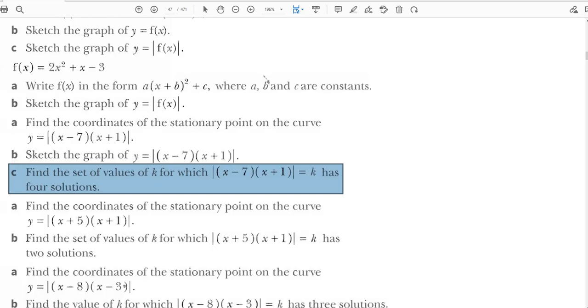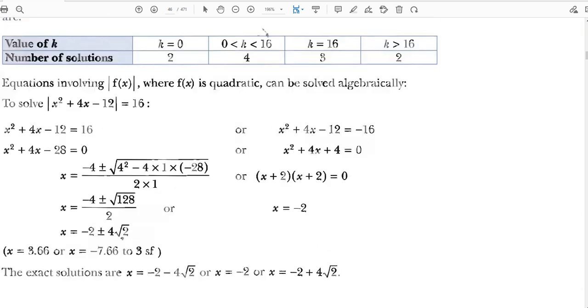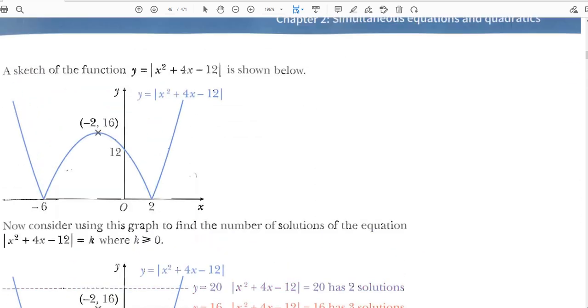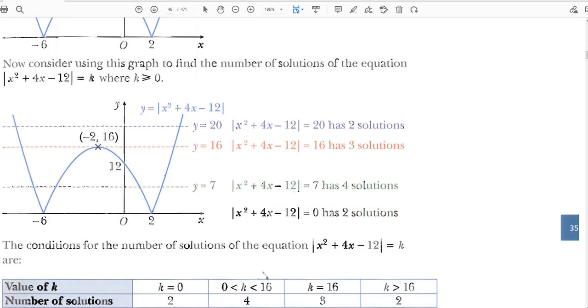Students, before I do this part, you have to see this one. This blue graph is the graph of x square plus 4x minus 12. Now start reading from here. Now consider using this graph to find the number of solutions of the equation x square plus 4x minus 12 is equal to k, where k is greater than or equal to 0.